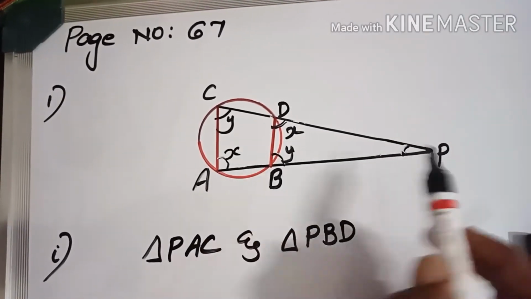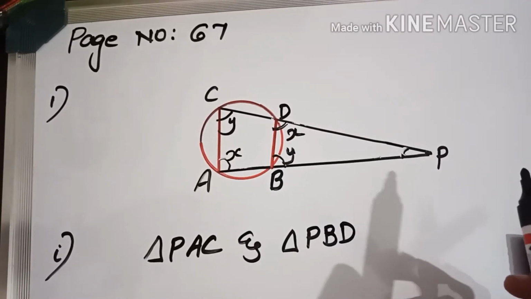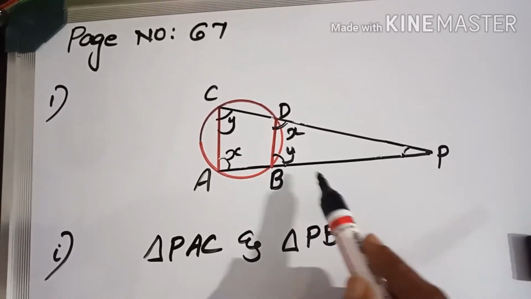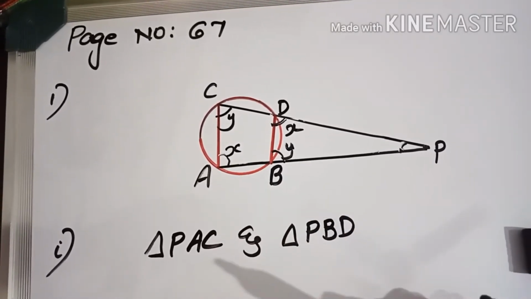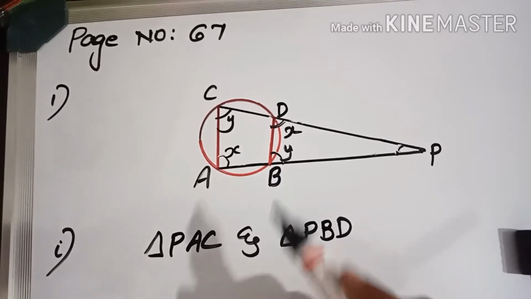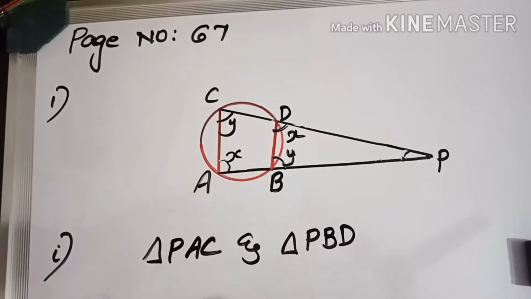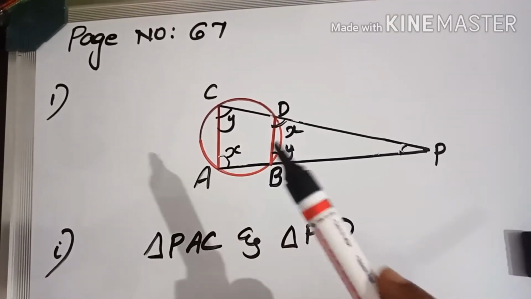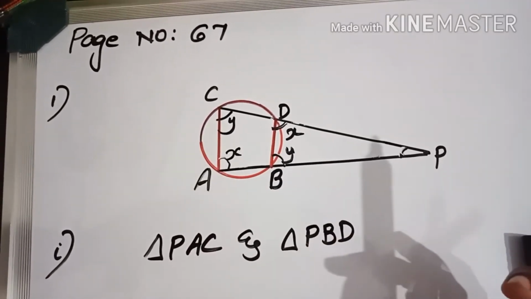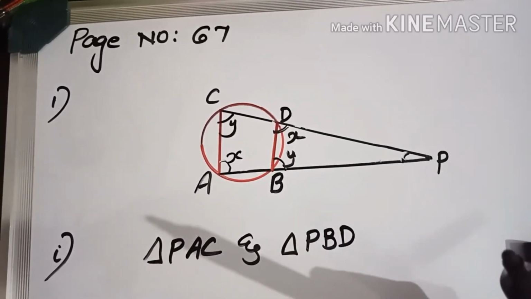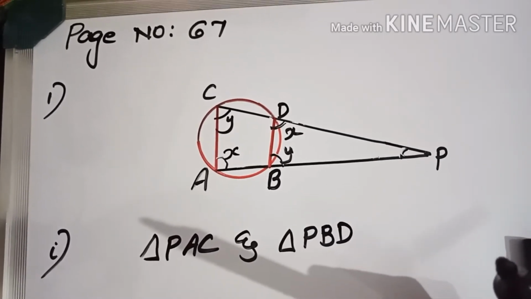This is common to both triangles. So we can say that these two triangles have what? Same angles. So this is the first sub-question proof. Just by considering the cyclic quadrilateral we can prove this.